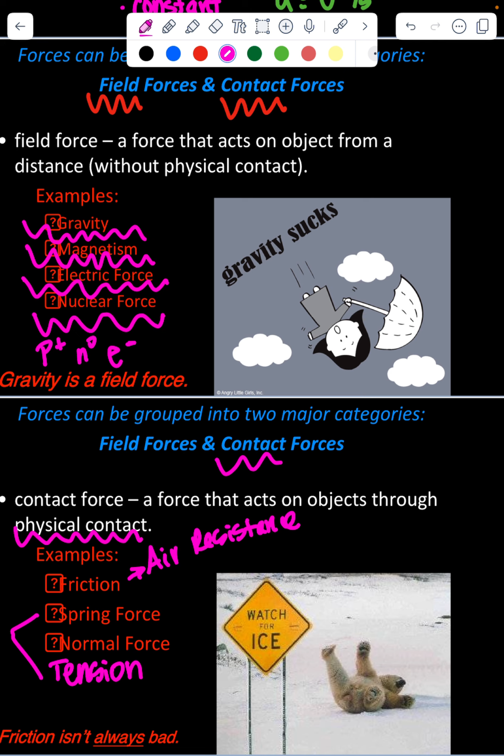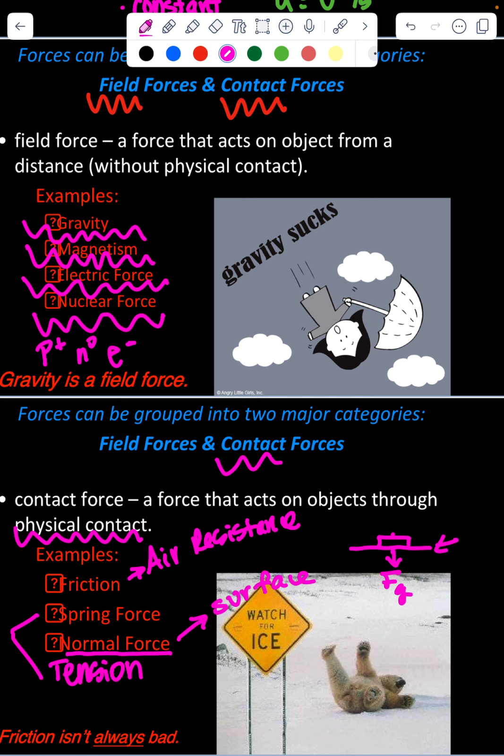And then we have something called a normal force. A normal force is huge. This is whenever something is on a surface. If you take a book on a table, gravity is pulling that book down, but it's not going down, down, down, down, down. So something has to be working against gravity, and that's the table right there.